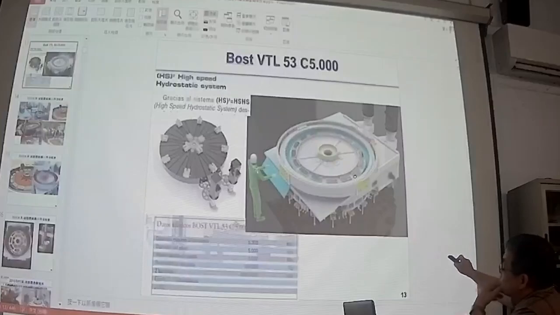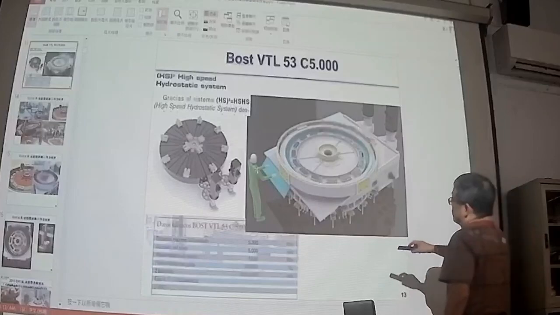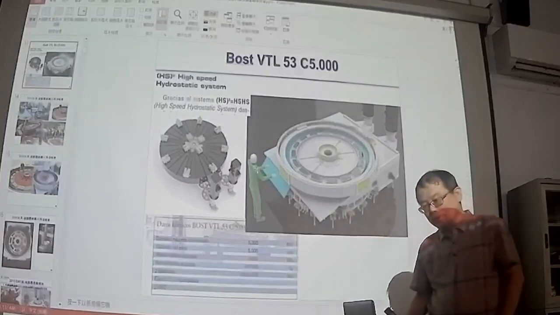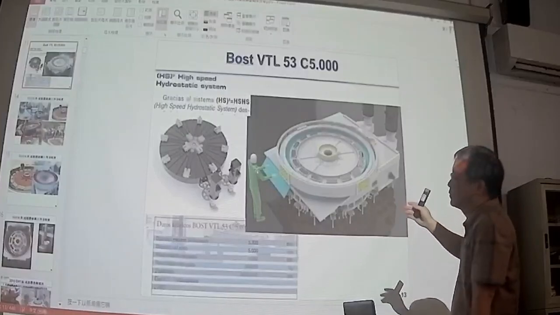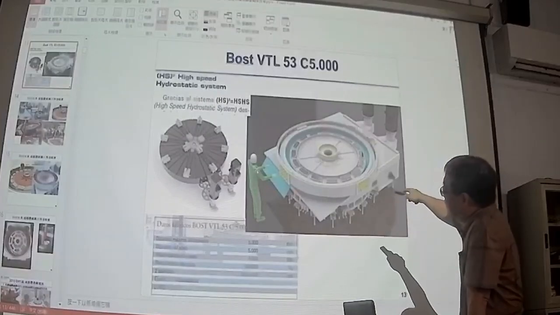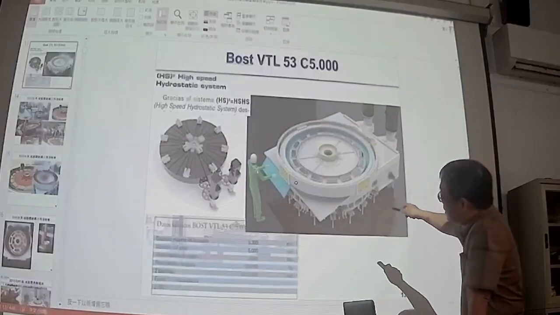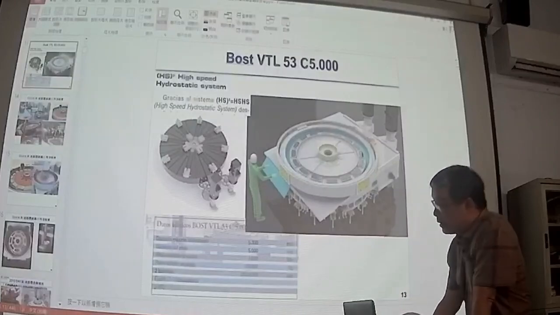So you need to design the individual recess number at least 8 to 10. Okay? But it depends on the size of the spindle or the size of the rotary table. You have a different design strategy.